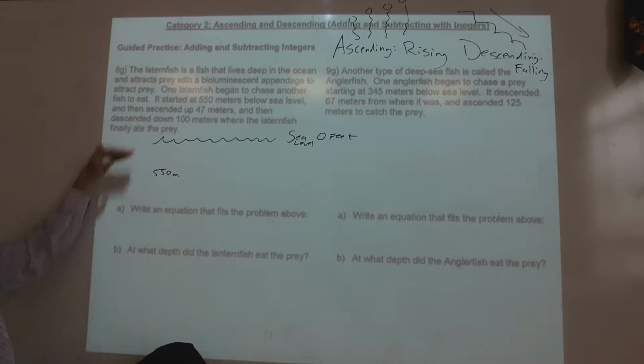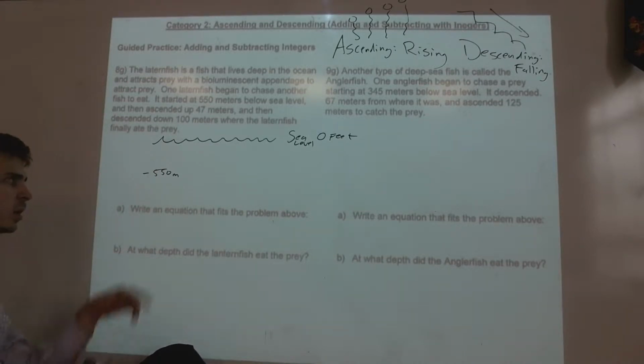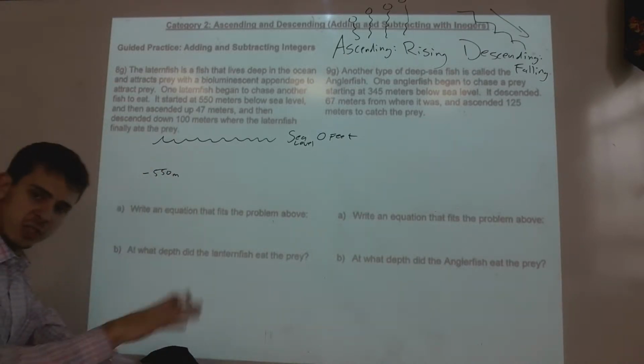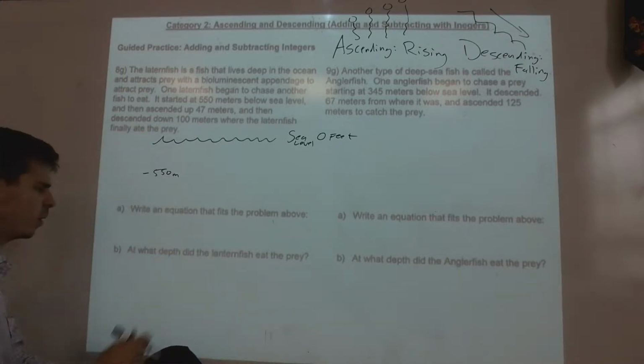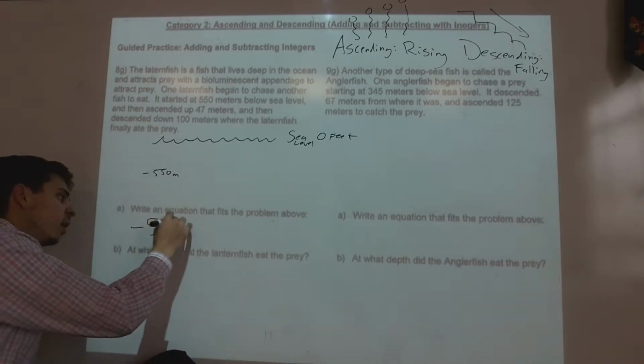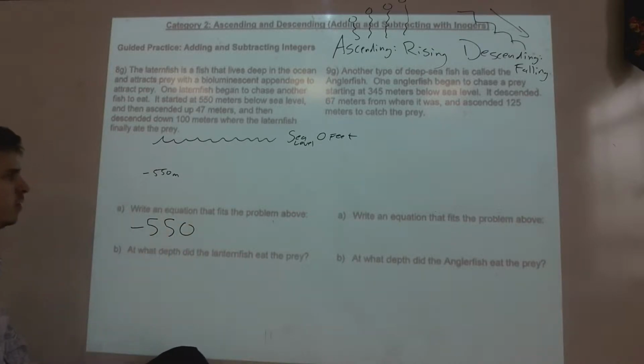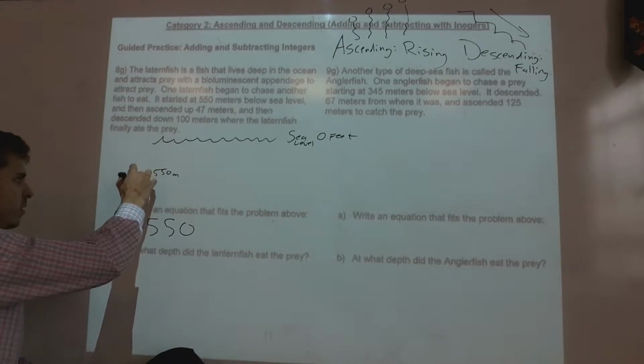So this 550, is it in Denver or Death Valley? It is in Death Valley, and it's negative 550. So this is the lanternfish chasing the other fish, and that's going to be expressed by this equation here. So we are actually going to start here, negative 550. This is where the fish starts.